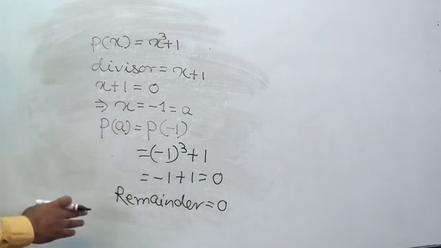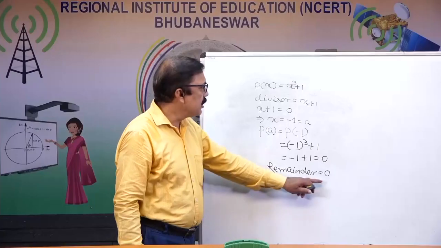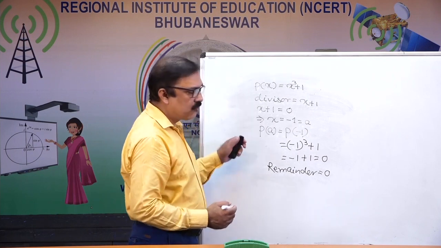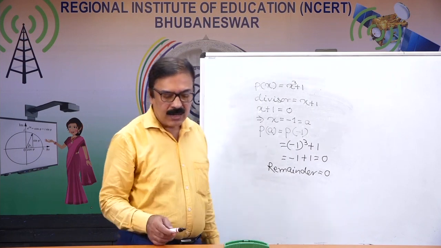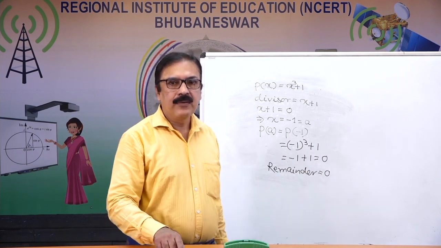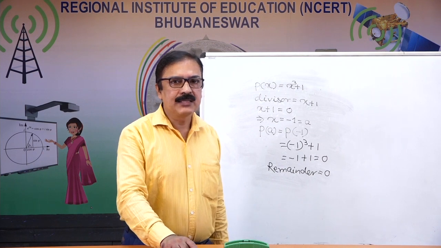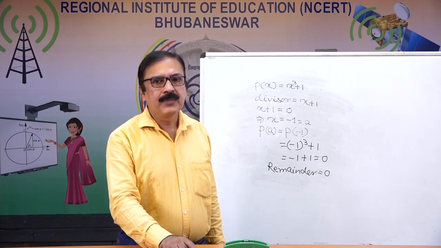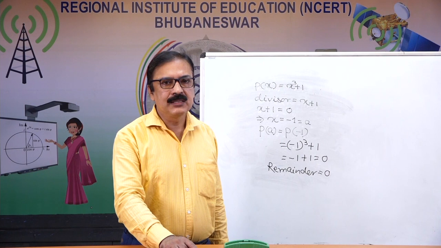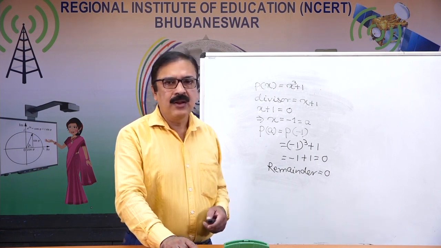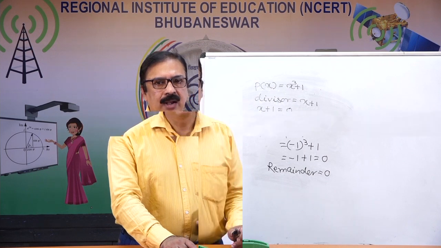Now in this division, if the remainder is 0, we can say that x cube plus 1 is a multiple of x plus 1. Now in these cases, as we saw, without division, we can find the remainder.